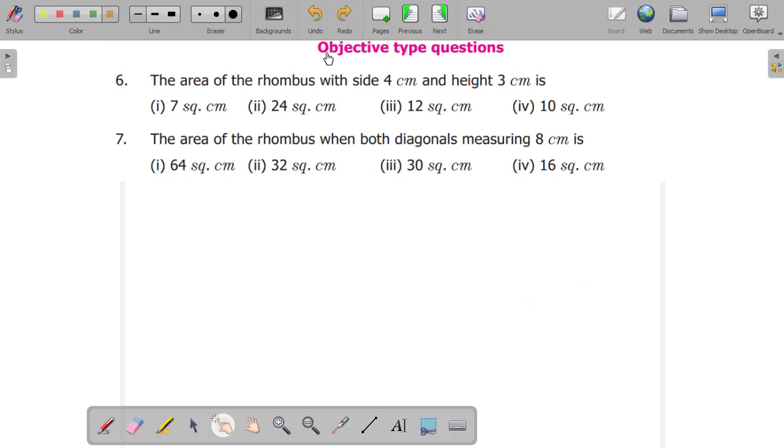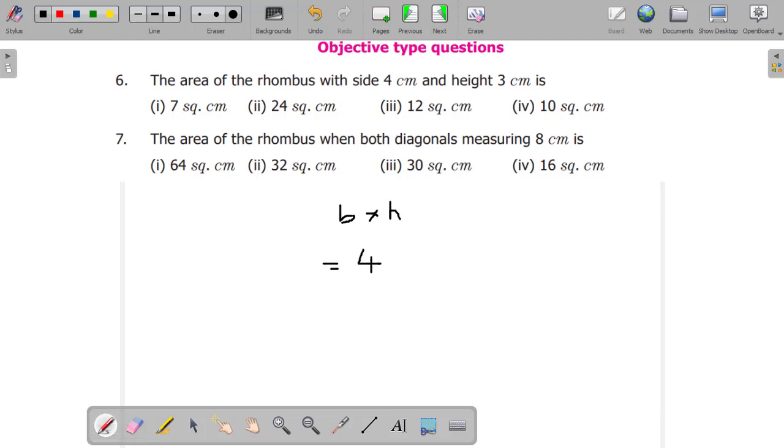Let us come to the objective type questions. Sixth question: the area of the rhombus with side 4 centimeter and height 3 centimeter is? Here the base and height are given, so we can easily find out the area by using the B into H formula. What is B here? 4.